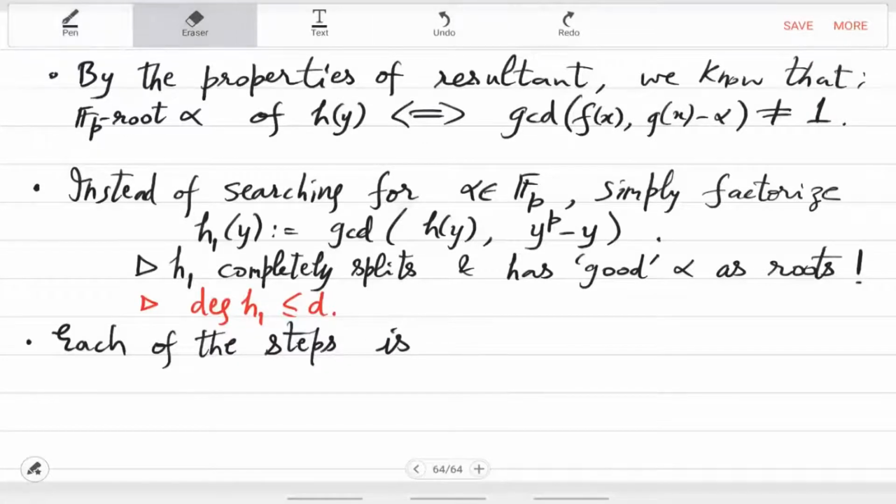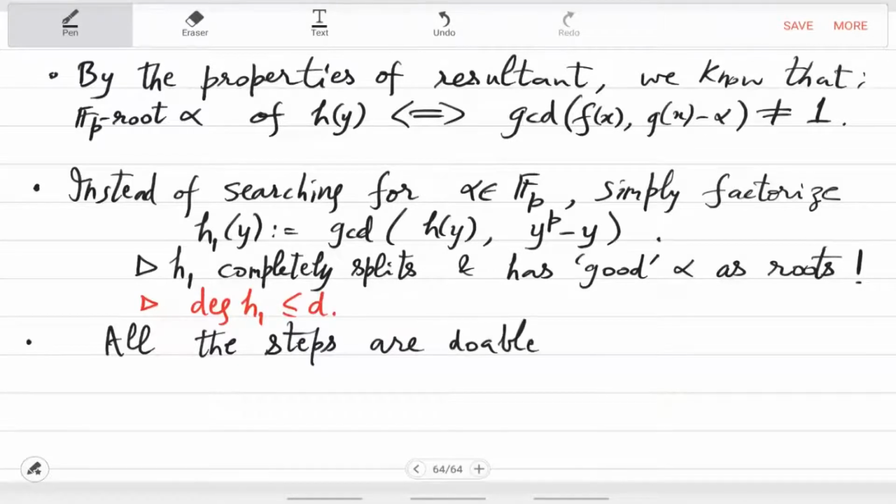In fact, all the steps are doable in polynomial in D log Q time. Okay, so Berlekamp had a factor of P also, so that is now gone.